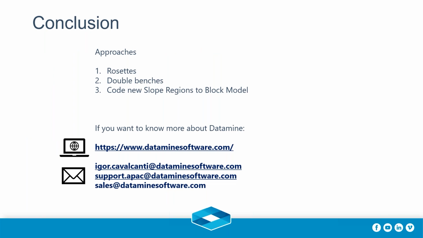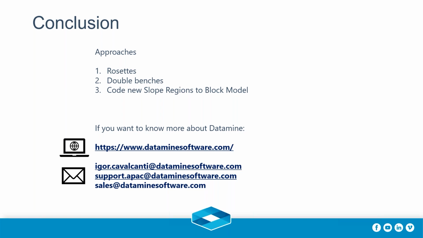So to conclude this webinar, I would like just to summarize the approaches that we used in our 4 scenarios. So basically, we use rosettes to approach the changes based on elevations and azimuths.